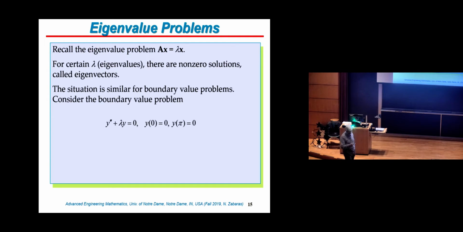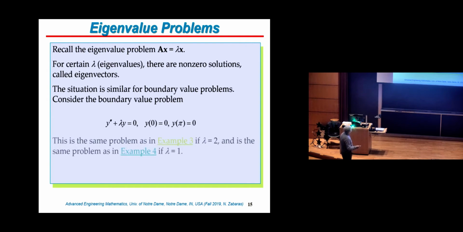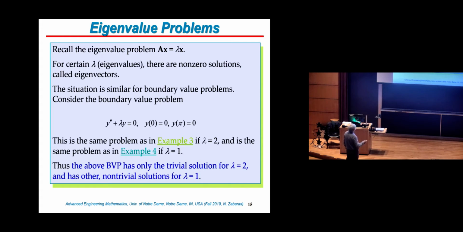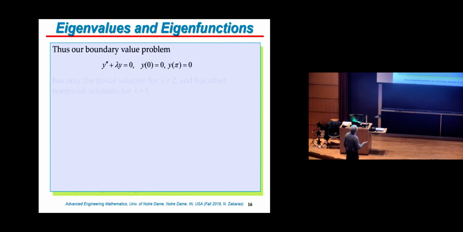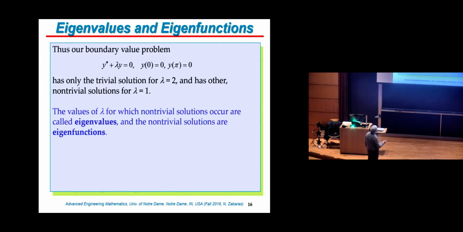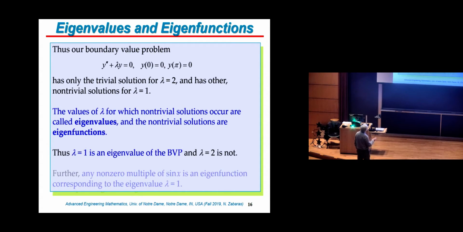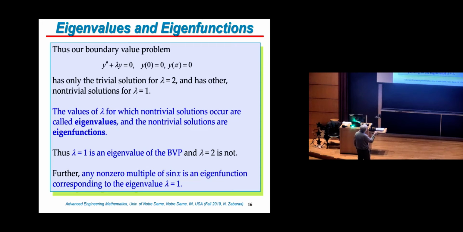Okay? Need to show all of these things. All right, so there is a relation with eigenvalues and eigenvectors, right? So in this particular case, we computed, based on the two examples, that lambda equal to 1 is an eigenvalue, and the sine of x that you told me is the corresponding eigenvector.